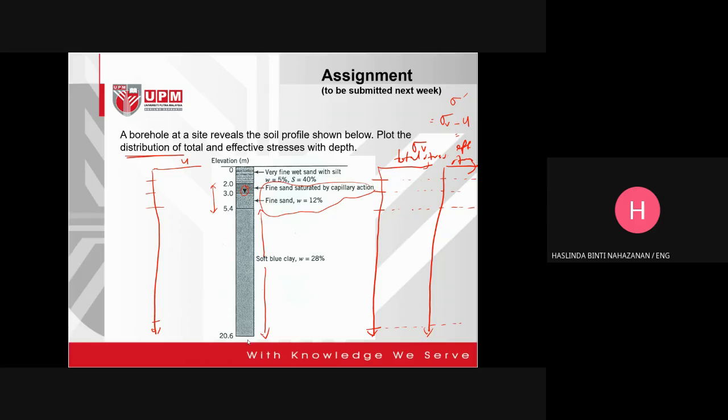Okay, so the assignment must be submitted by Friday next week. The cut-off date is Friday next week, 5 p.m. I will put in Putra Blast the lecture today, the notes, and also this assignment. Okay?